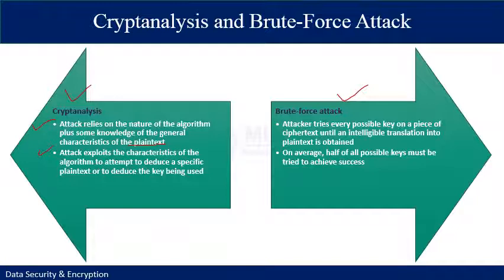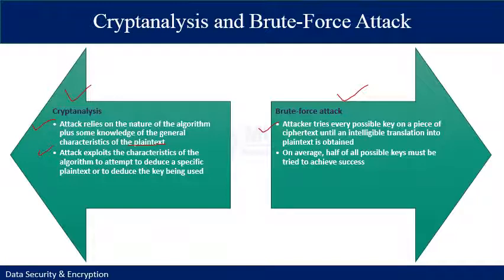On the other hand, a brute force attack usually does not deal with prediction or guessing. In a brute force attack, the attacker tries every possible key on a piece of ciphertext until an intelligible translation into plain text is obtained.